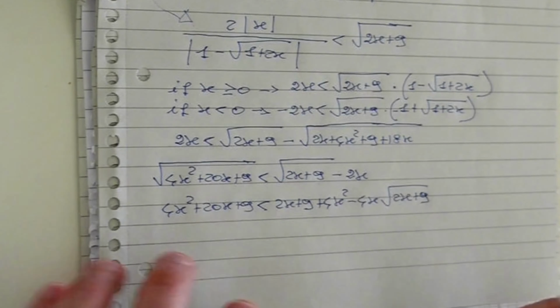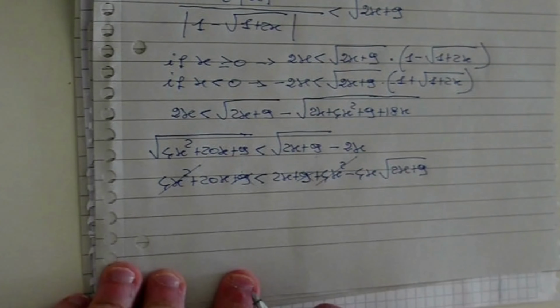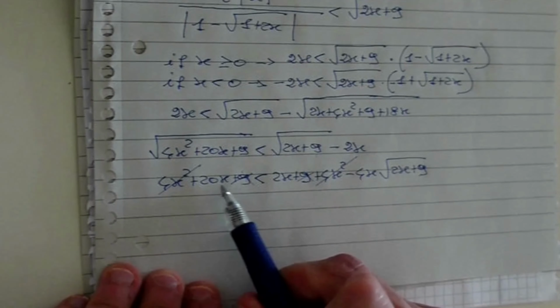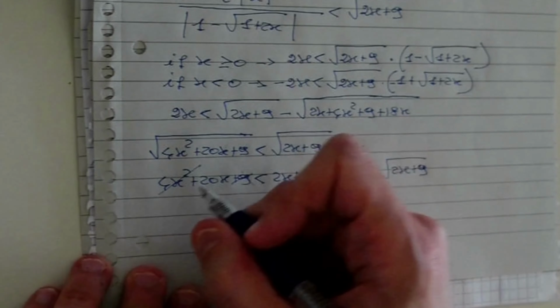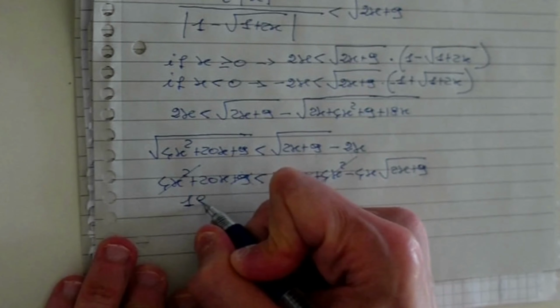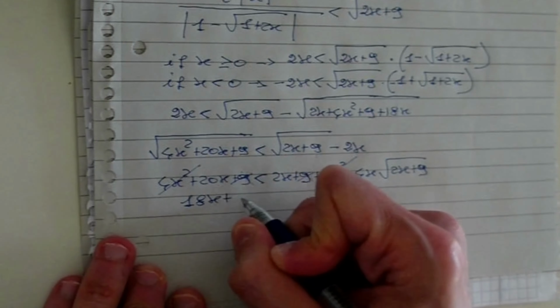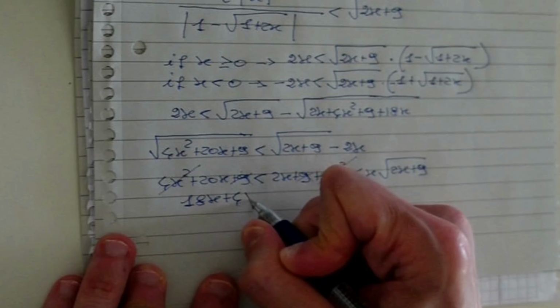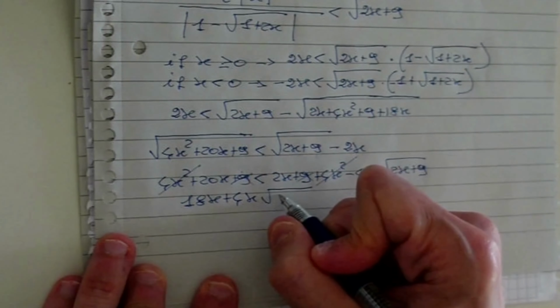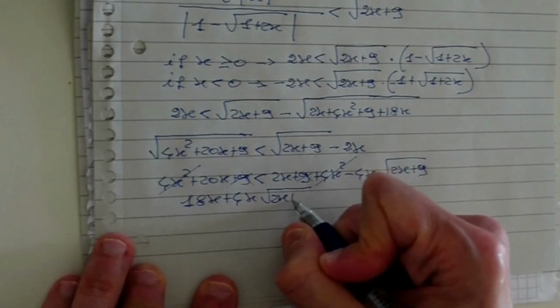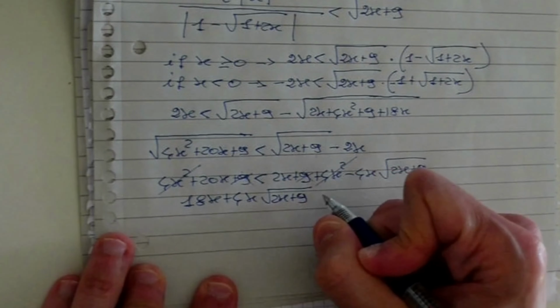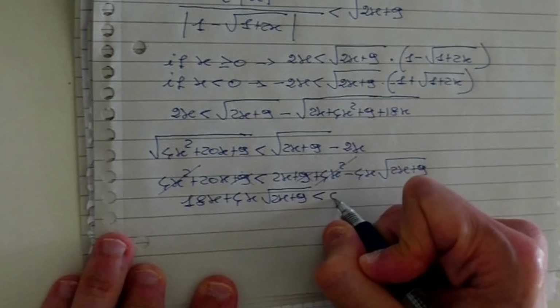So in here we have, as you can see, a few terms that cancel out. Overall we have 18x plus 4x square root of 2x plus 9, this less than 0.